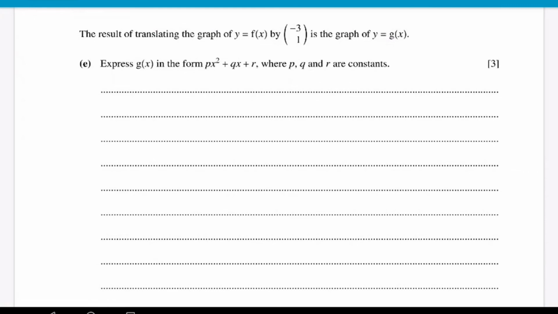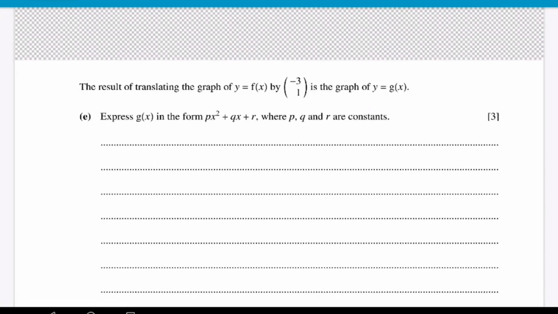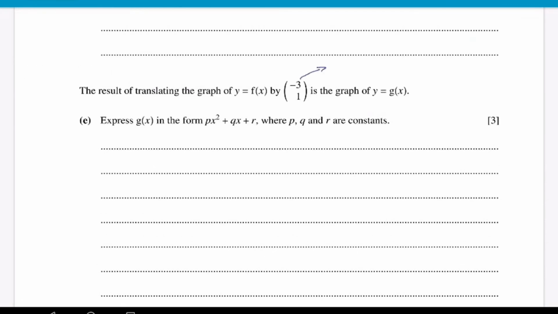If you have a translation in the x direction of -3, we need to change x to x plus 3. With the y value of 1, our f(x) must be plus 1. So f(x) becomes f(x) plus 1.